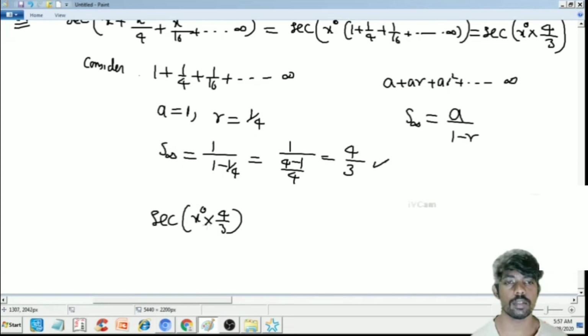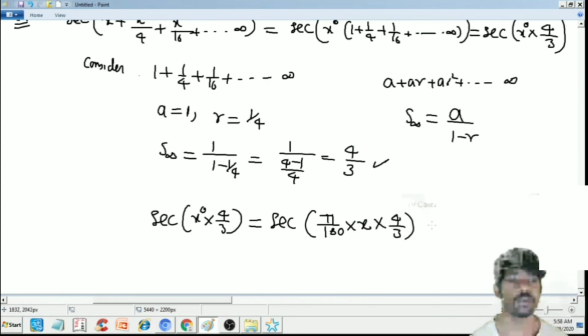To convert x degree into radians I am multiplying by pi by 180. So secant of pi by 180 into x into 4 by 3. From here I can write it as secant of pi by 180 into 4 by 3 of x.